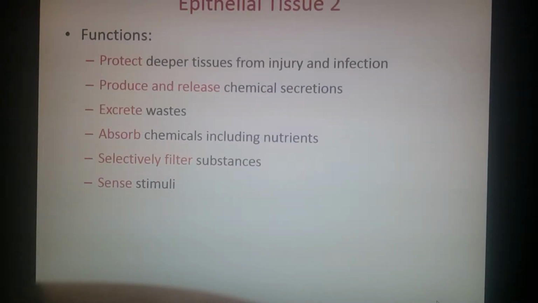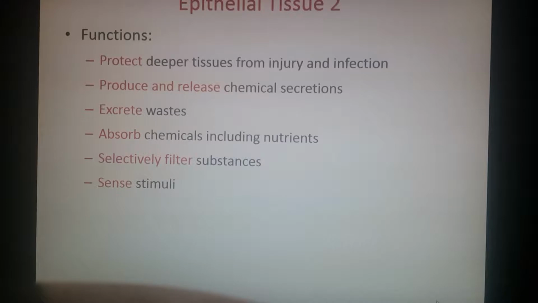So the functions of the epithelial tissue, remembering that it's on the lining of our body cavities as well as on the outside of the body. So protecting our deeper tissues from injury and infection, producing and releasing chemical secretions, both on the outside surface of our skin and on the inside. So for example, our gastric juices to break down food, to excrete waste, as well as absorb chemicals, including nutrients, more so our digestive system.